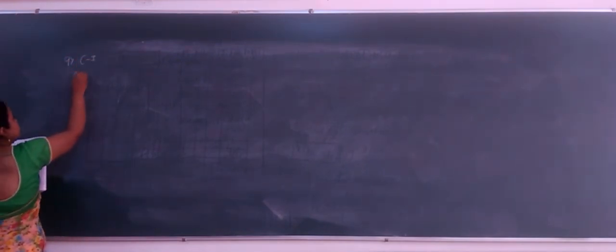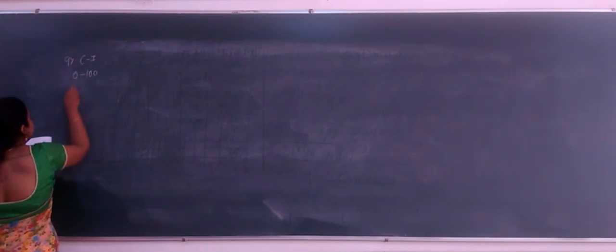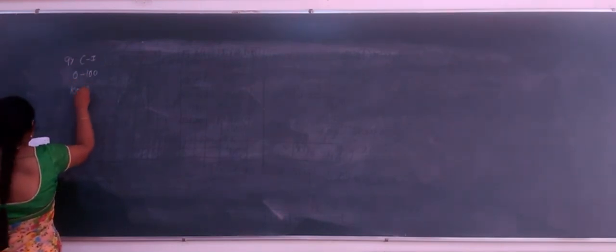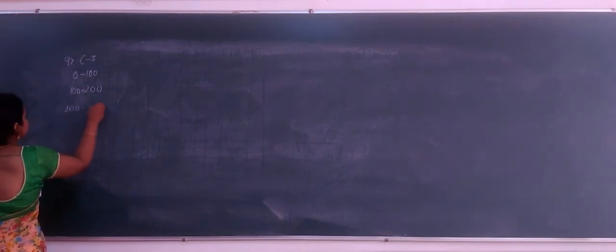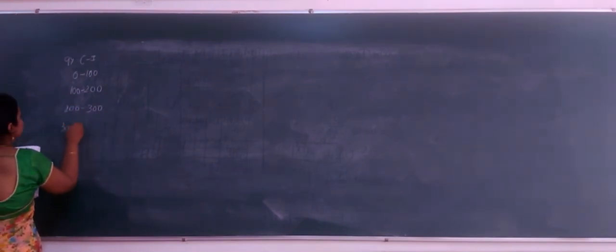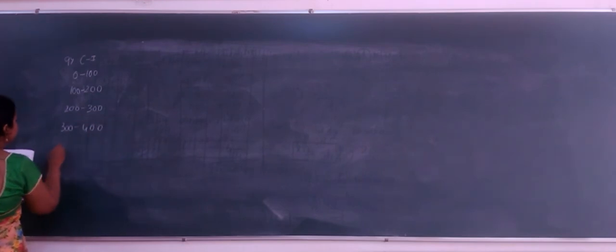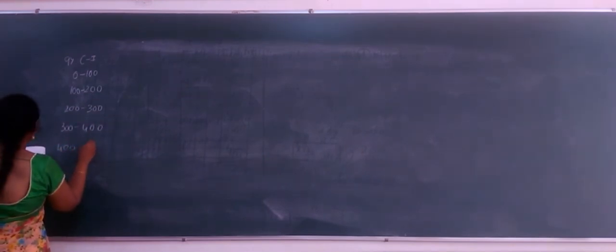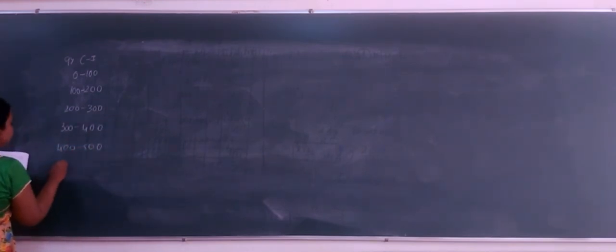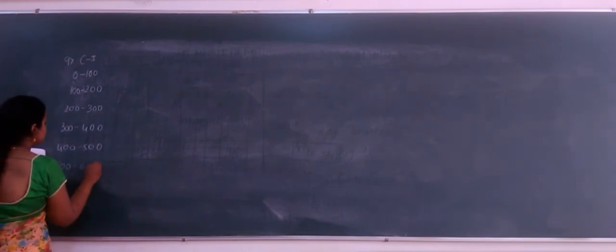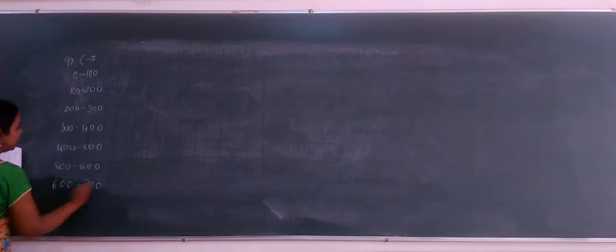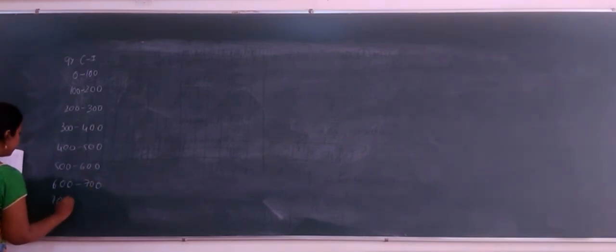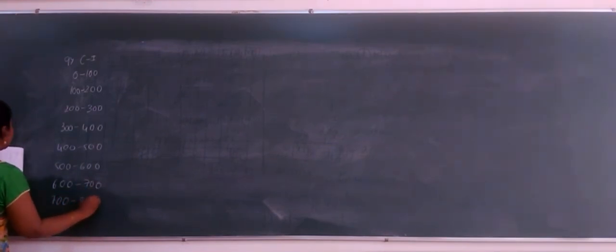So there are 0 to 100, 100 to 200, 200 to 300, 300 to 400, 400 to 500, 500 to 600, and 600 to 700, and finally 700 to 800.